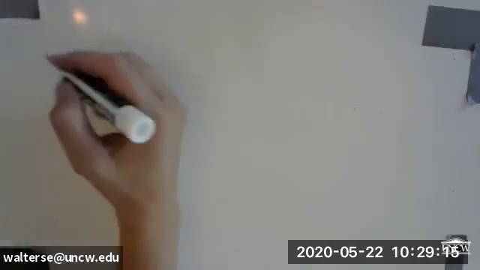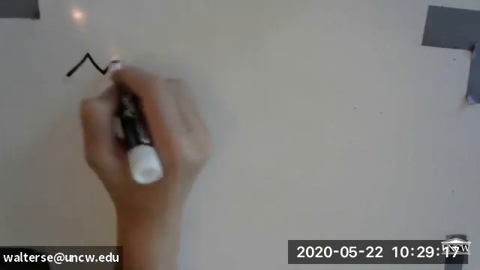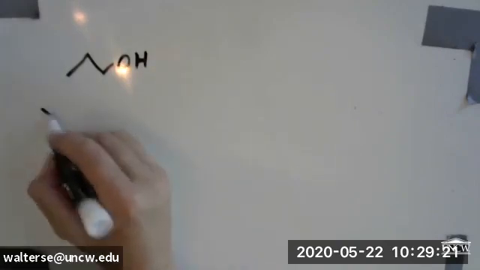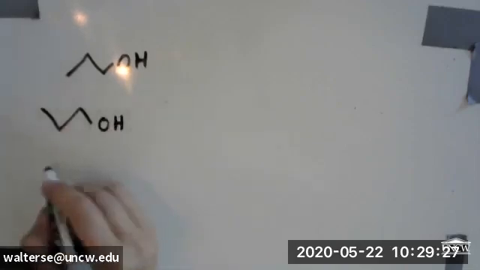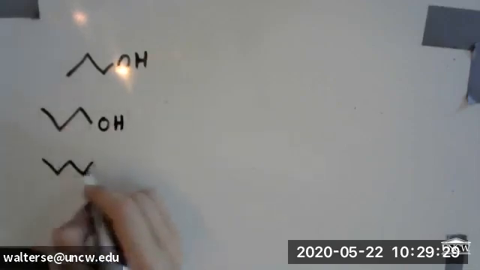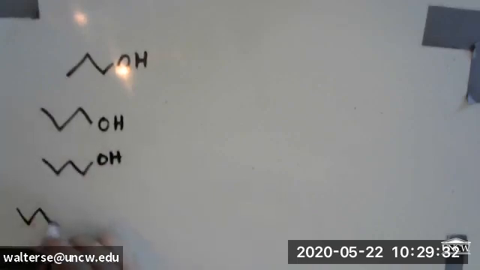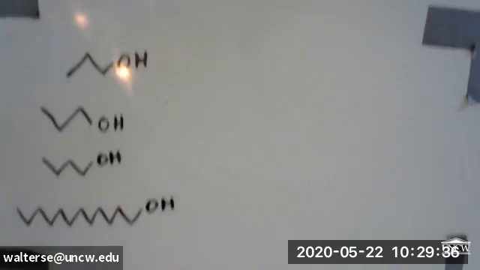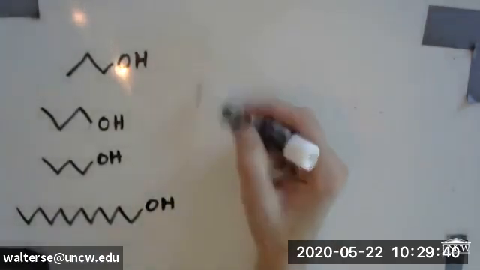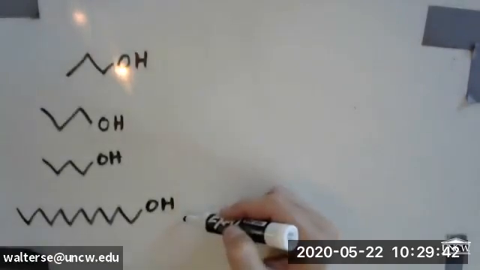Okay, so let's draw a couple. So here's ethanol, so a 2-carbon alcohol. 1, 2, 3-carbon alcohol. 1, 2, 3, 4, 4-carbon alcohol, and then let's say we have something crazy like this. Now you would say that all of these molecules are polar.